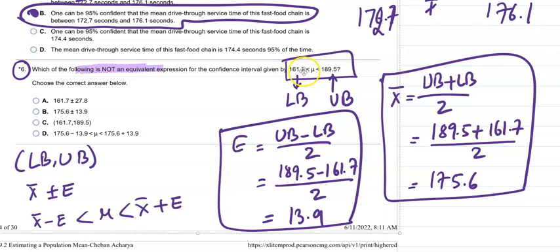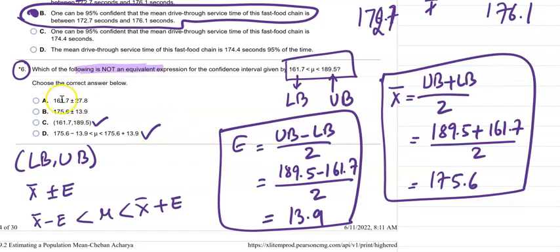So 161.7 comma 189.5, which is C, is the right answer. Obviously C is the right choice. D is also a right choice, because this is x bar minus e less than mu less than x bar plus e.